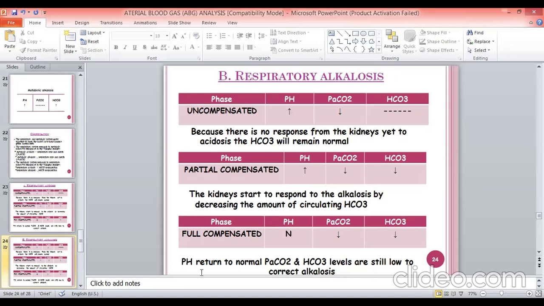So pH returns to normal, and partial pressure of carbon dioxide and bicarbonate levels are still low to correct the alkalosis. This is the mechanism which occurs during respiratory alkalosis, and this is how our body responds in the compensation mechanism.